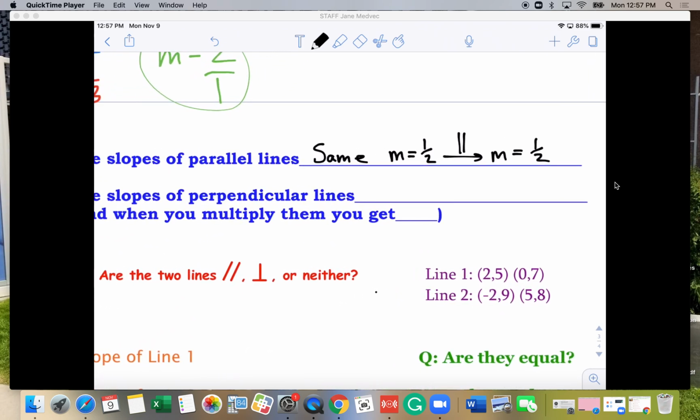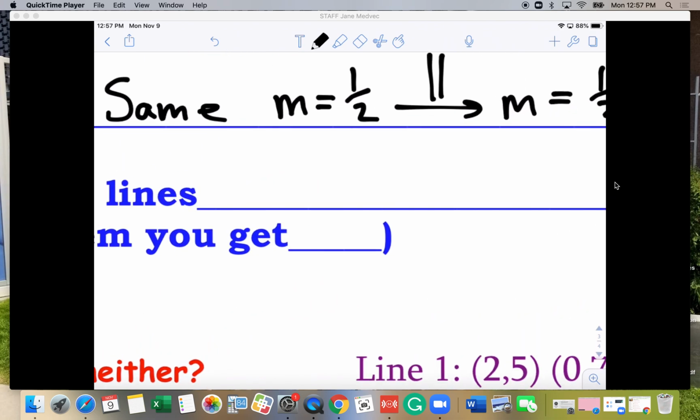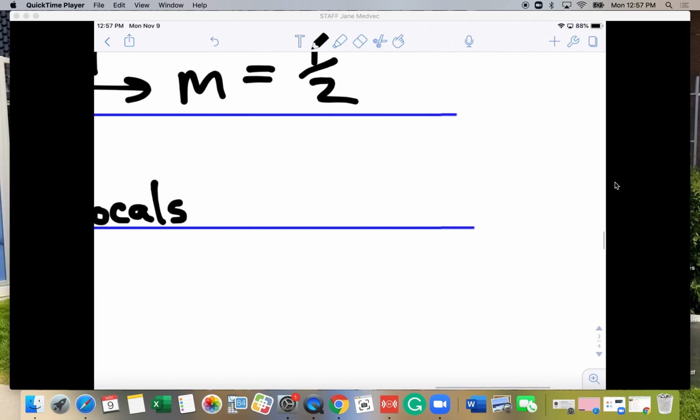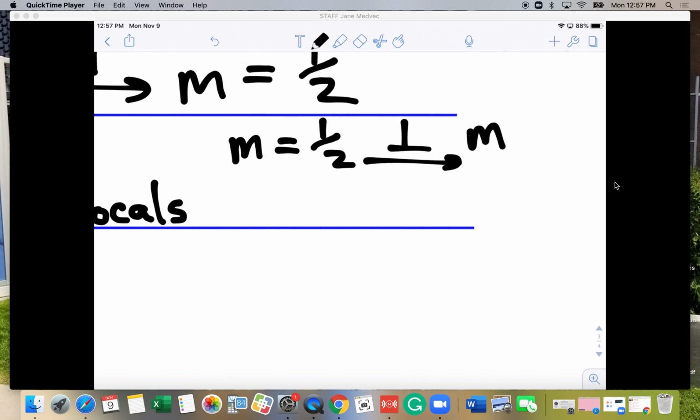If I talk about perpendicular lines and their slopes, that is the opposite reciprocals. In other words, if m is 1/2, and I'm going to do something that's perpendicular, that upside down capital T means perpendicular, I'm going to flip the fraction and make it 2 over 1, and because it was positive, this one would be negative.